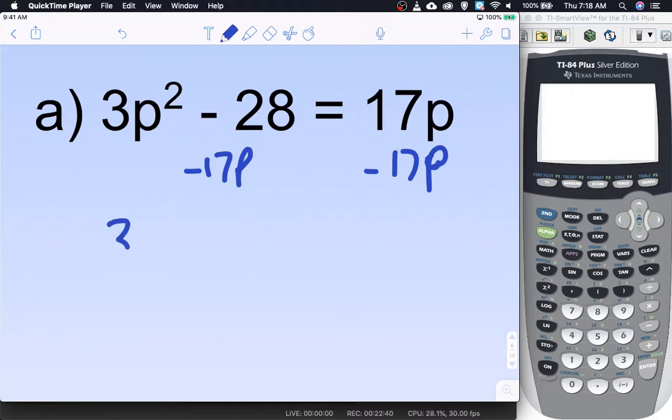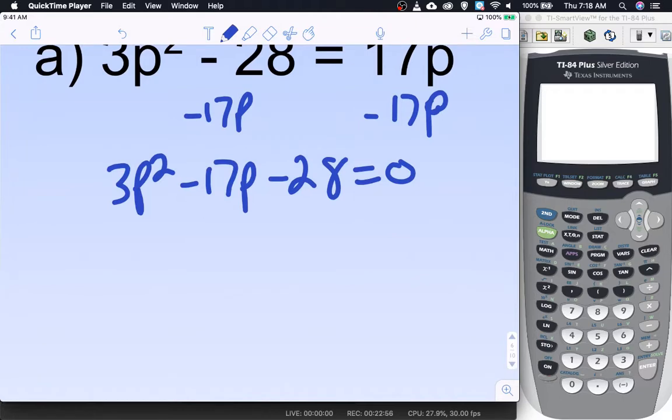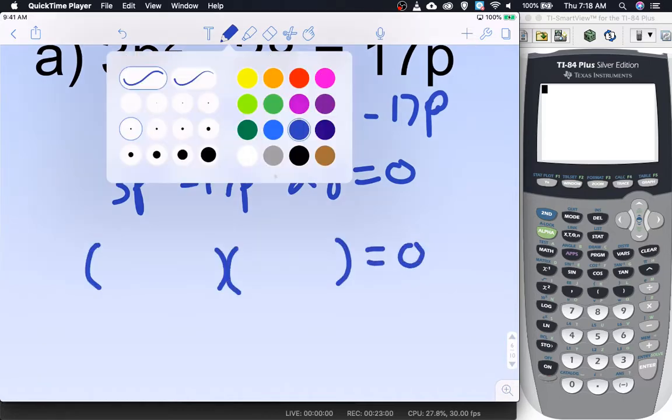So we're going to have 3p squared minus 20, ooh, I lied, minus 17p minus 28 equals 0. All right, set it equal to 0. Factor, equals 0. We got some factors of 28 to worry about.